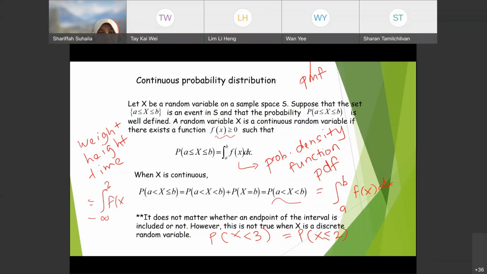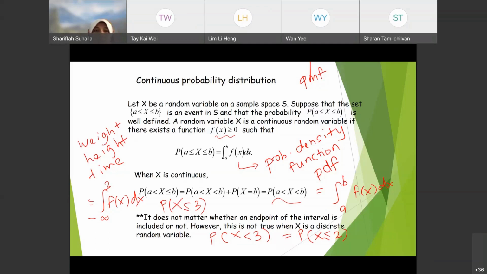So it's the same thing if you want to find probability x less than or equal to 3, where you still integrate from minus infinity up to 3 f(x) dx. So that is the main difference between discrete and continuous. For discrete, the equality signs are important, but for continuous, it is the same thing. That means you still integrate the same range.